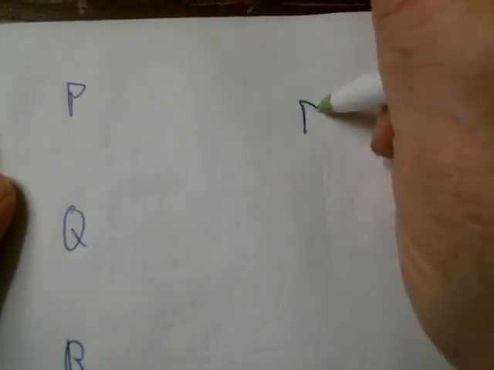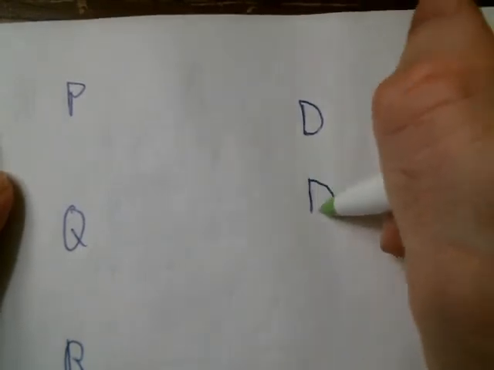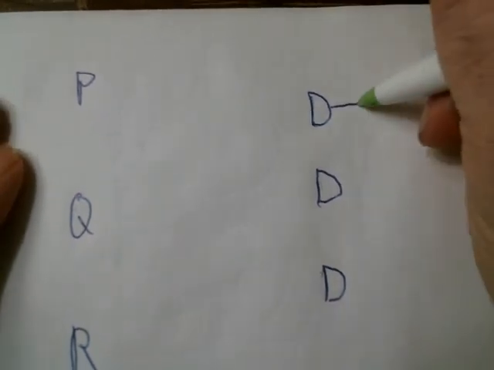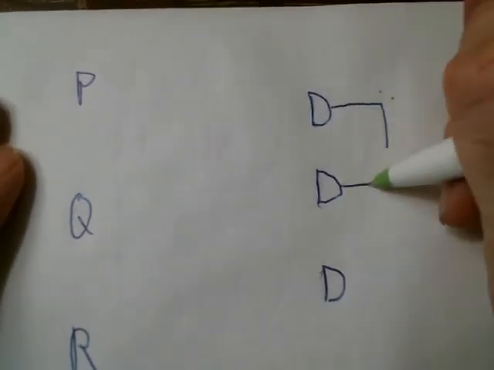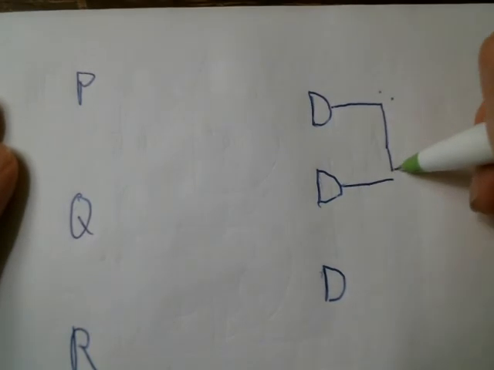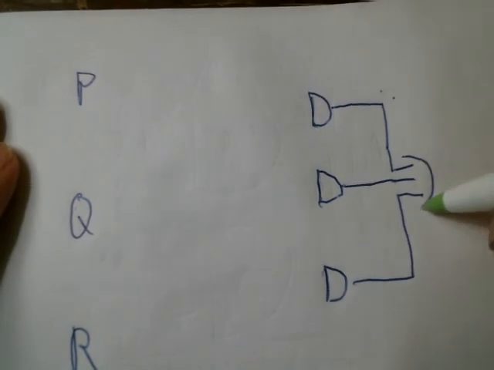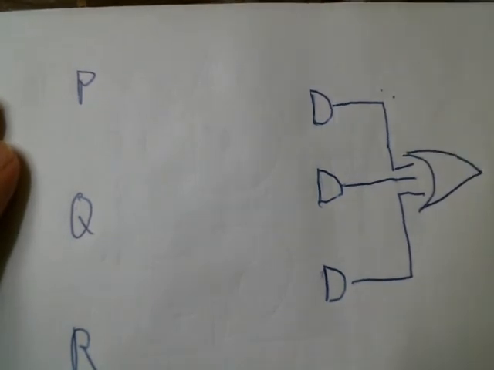Okay. And then at the end, I kind of go backwards. There are 3 and statements that I need, right? So I'll have an and, an and, and an and, and then we take these 3 and send them into a big OR gate, like that.